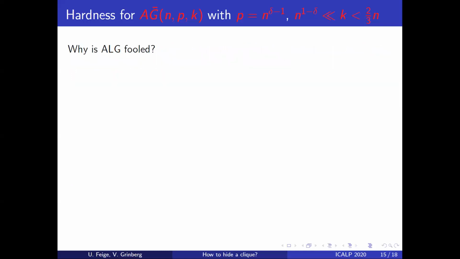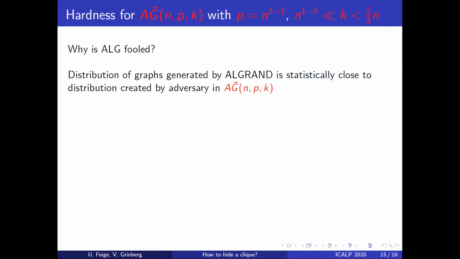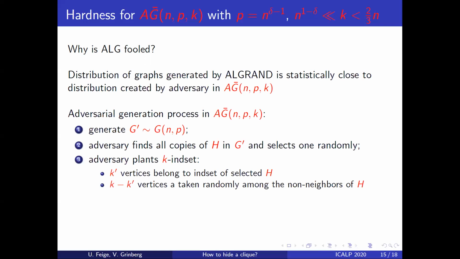Why is ALG fooled? This is because the distribution of graphs generated by algorithm ALGORAND is statistically close to the distribution created by the adversary in the adversarial planted clique independent set model. Consider the following adversarial generation process to better understand why the distributions are close.